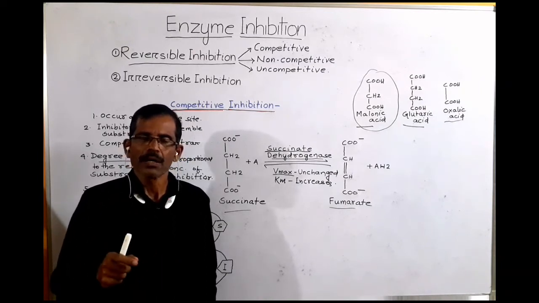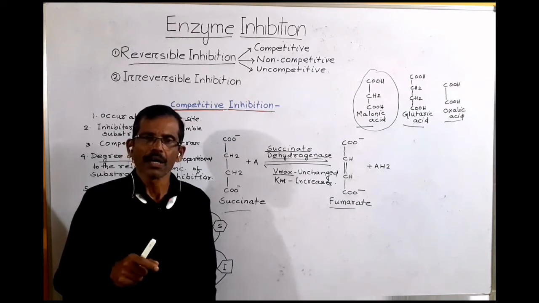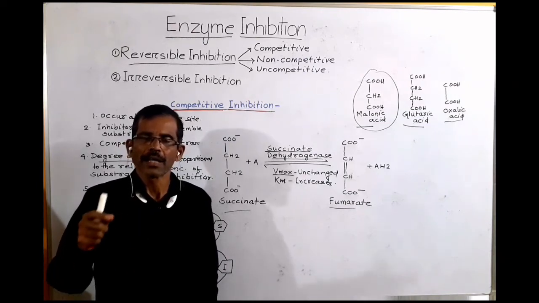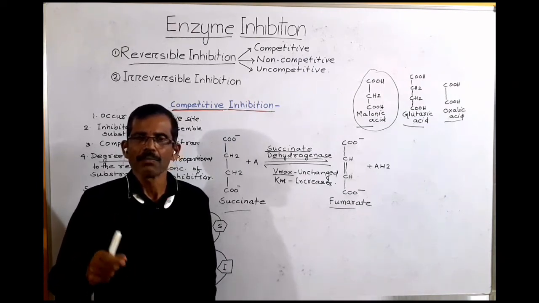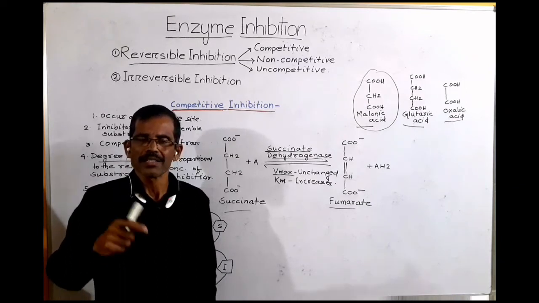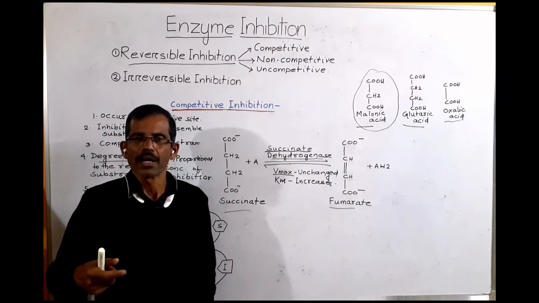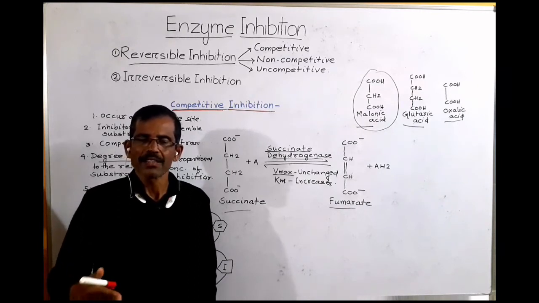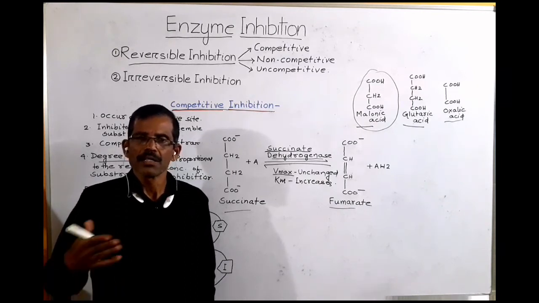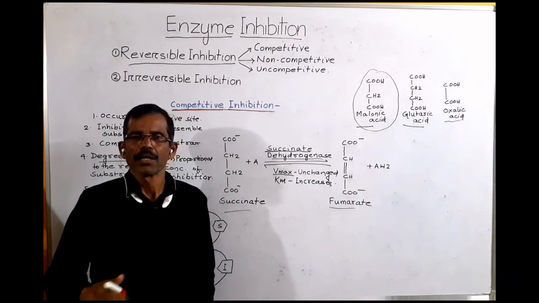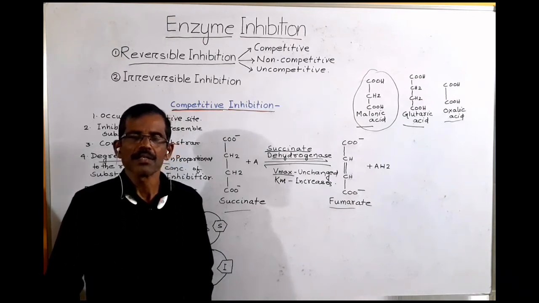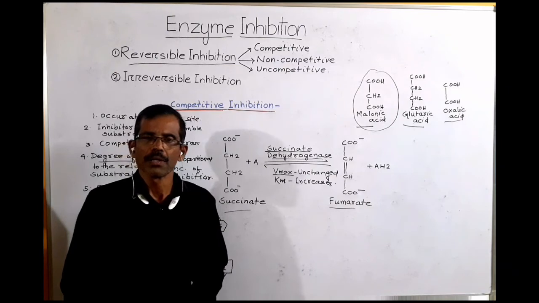Therefore, ethanol will compete with methanol for binding at the active site of the enzyme alcohol dehydrogenase. As a result, the rate of formation of formaldehyde will decrease and the methanol can be easily excreted in the urine. Friends, this is about competitive inhibition.